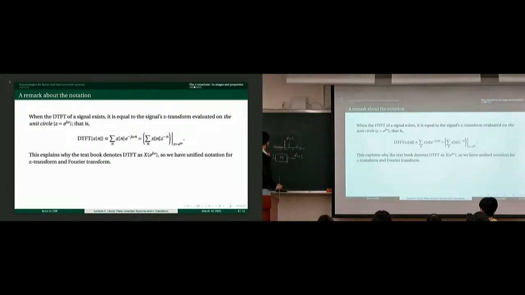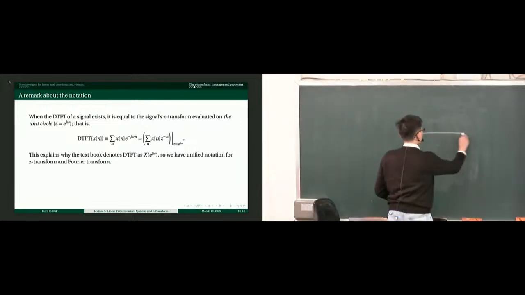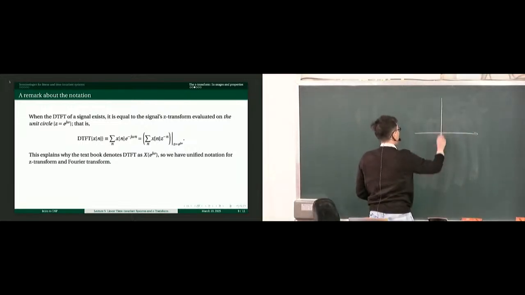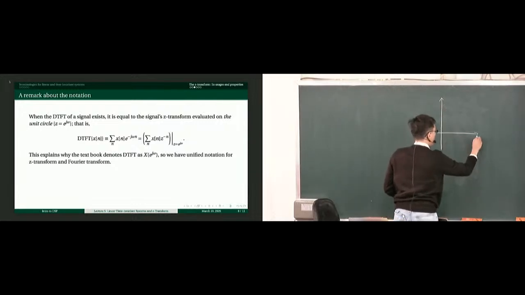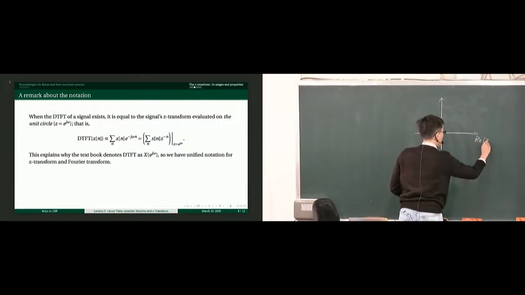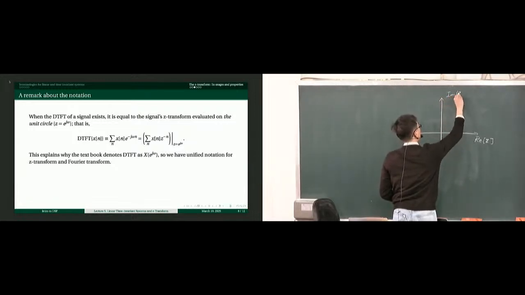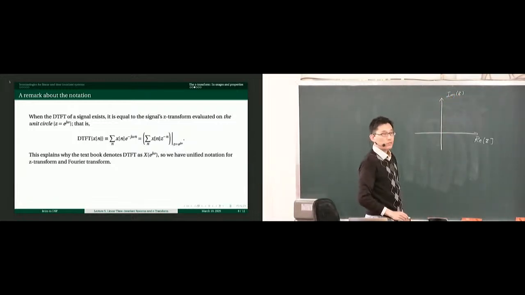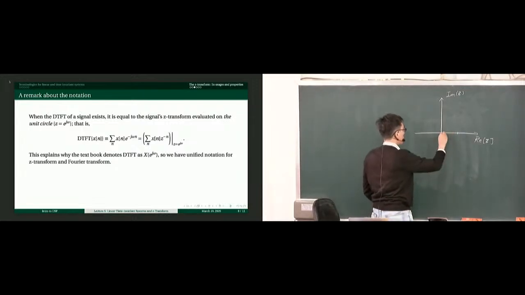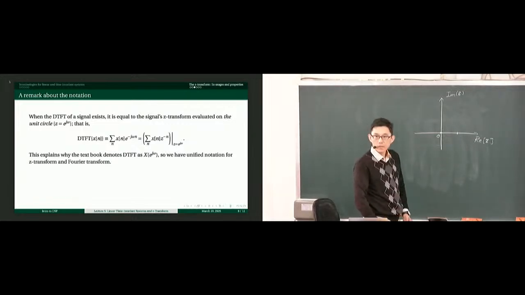So maybe I can draw a few pictures right here. Suppose this is a complex plane. We have the real part and the imaginary part. So the unit circle is a circle with the origin being the center, and 1 being the radius, 半径 or radius.